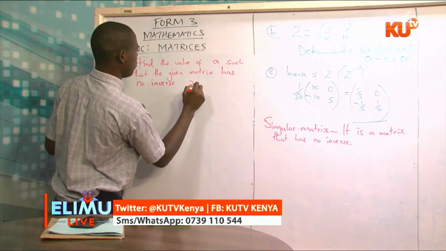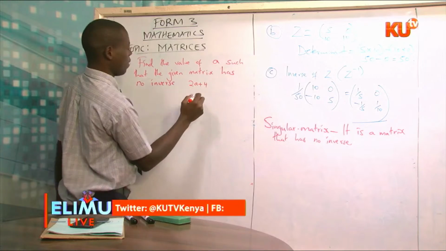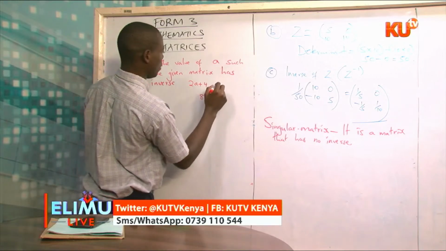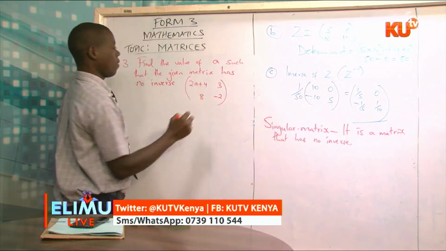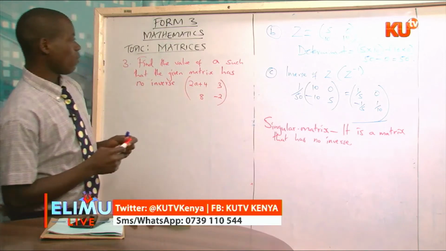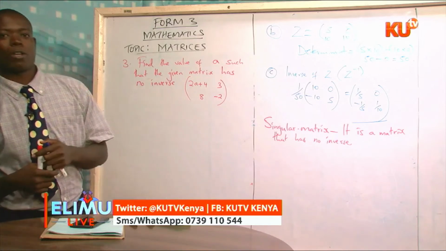So we have 2a plus 4, then we have 8, 3, and negative 2. We find the value of a such that the given matrix has no inverse.